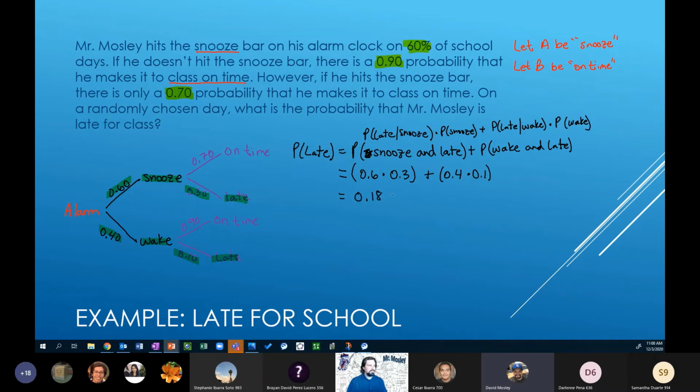That gives me 0.18 plus 0.04, which is 0.22, or 22%. So the probability that Mr. Mosley is late for class is about 22%, or 0.22. What can I clarify in this example?